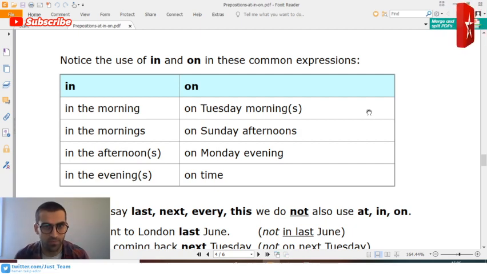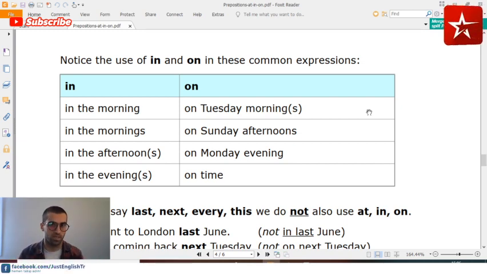Haftanın günleri, dediğimiz gibi haftanın günü olursa on kullanmamız gerekiyor. Ama sorabilirsiniz: teacher, if there is a morning, afternoon, evening after the days of the week, in mi on mu kullanmamız gerekiyor?